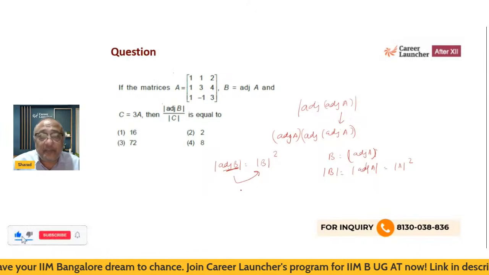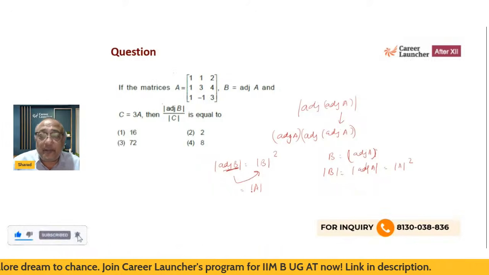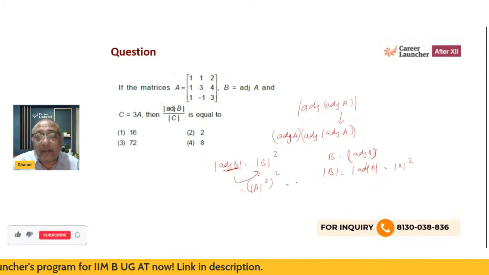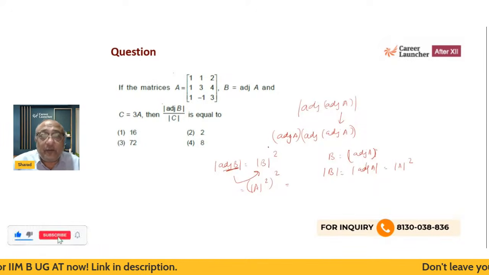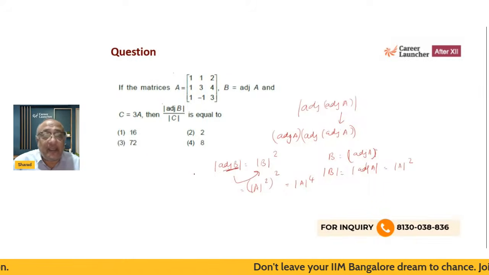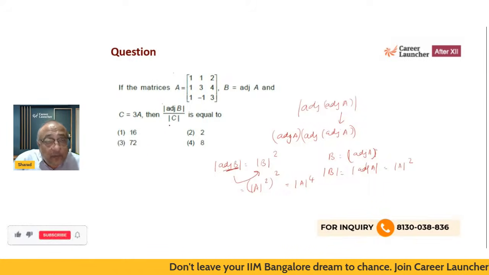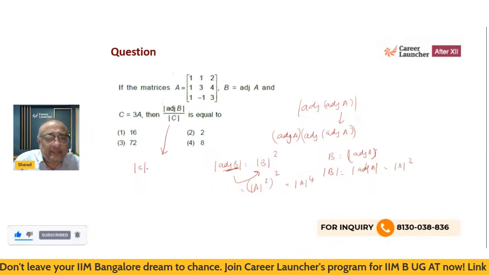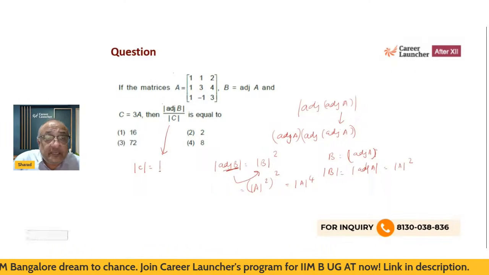So what will be adjoint of B? Determinant of A square ka square. So I'll find out what is the value of determinant of A. The determinant of A ka value find out karenge and we will complete this sum. There is one more part here. You can compute determinant of A, that is not important. See, this is 3A.